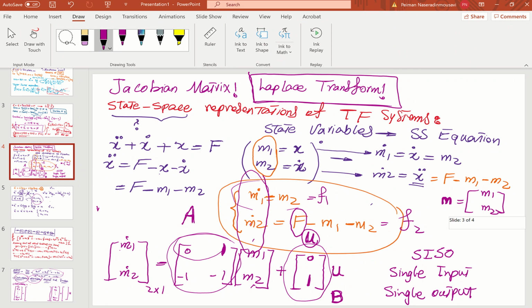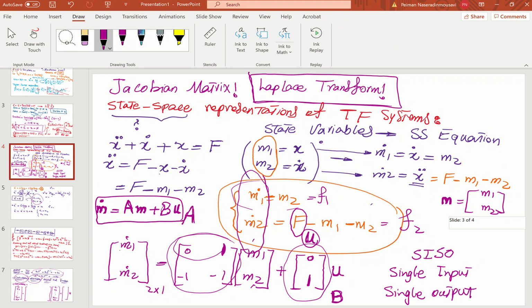So you can write this equation as boldface M dot is equal to matrix A times boldface M plus vector B times u. So this is a compact version of the state space LTI system.